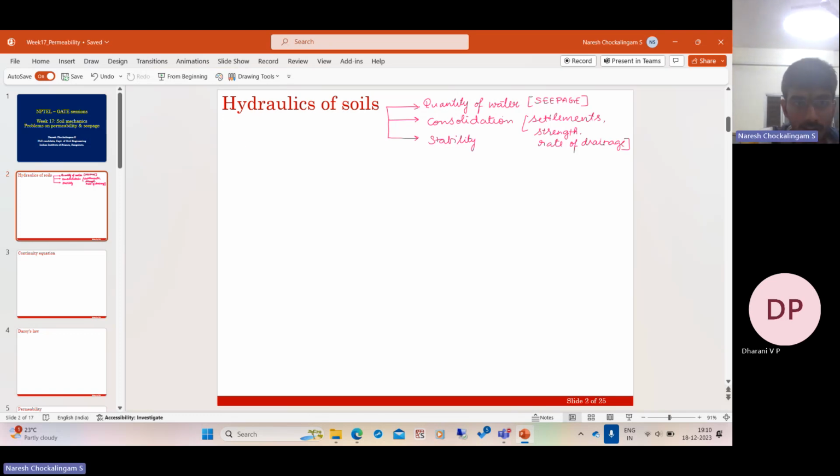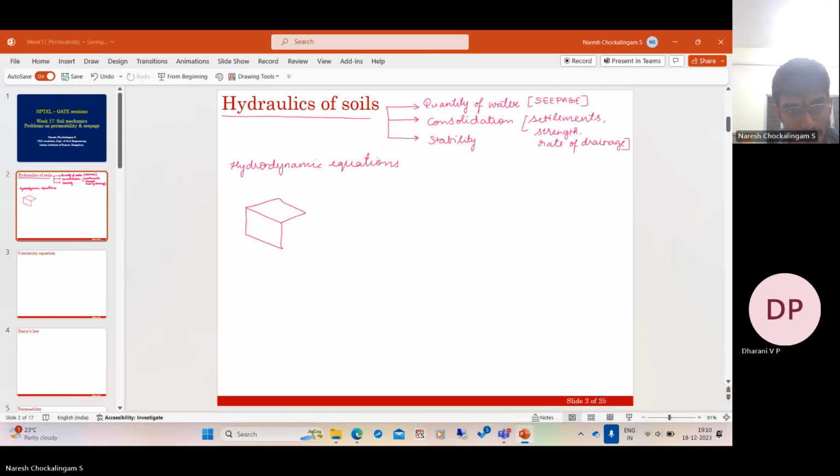All of these phenomena are governed by what are called the hydrodynamic equations. If you remember in the last session, we considered a small cubic element of soil, with x-axis, y-axis, and z-axis.